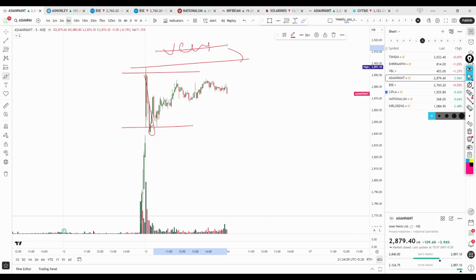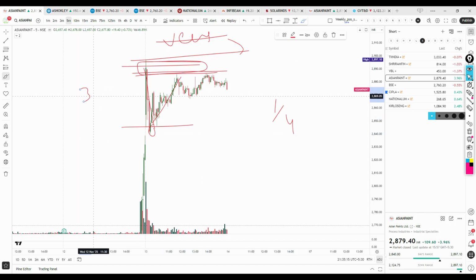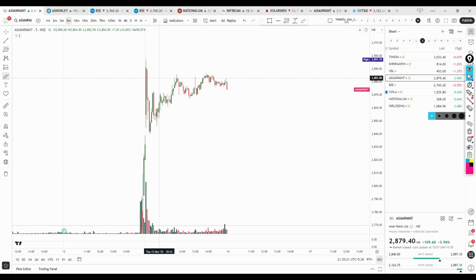In that case, once it reaches this area, what is this retracement? This retracement is 1 by 4th, so this area is the 1 by 4th leftover place. That means 3 by 4th is recovered. Once it recovers to this area, we can take the entry here.